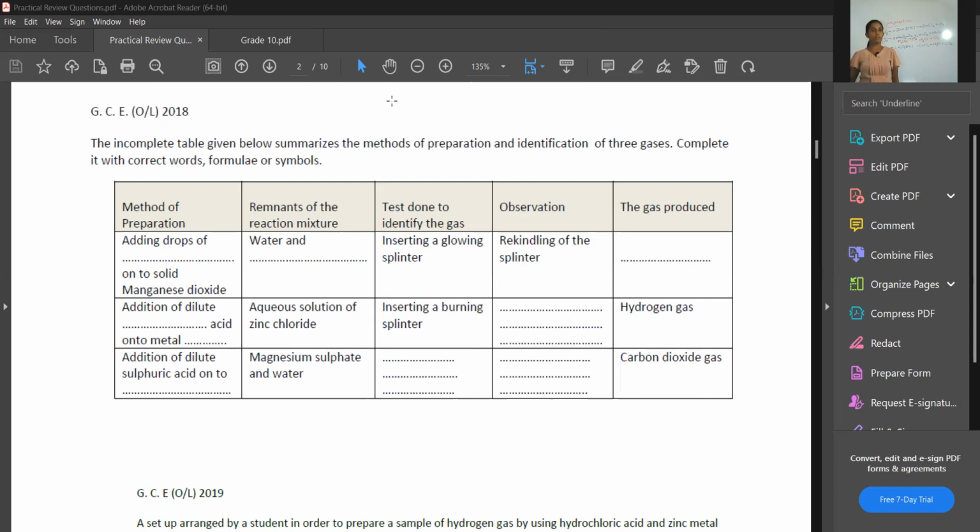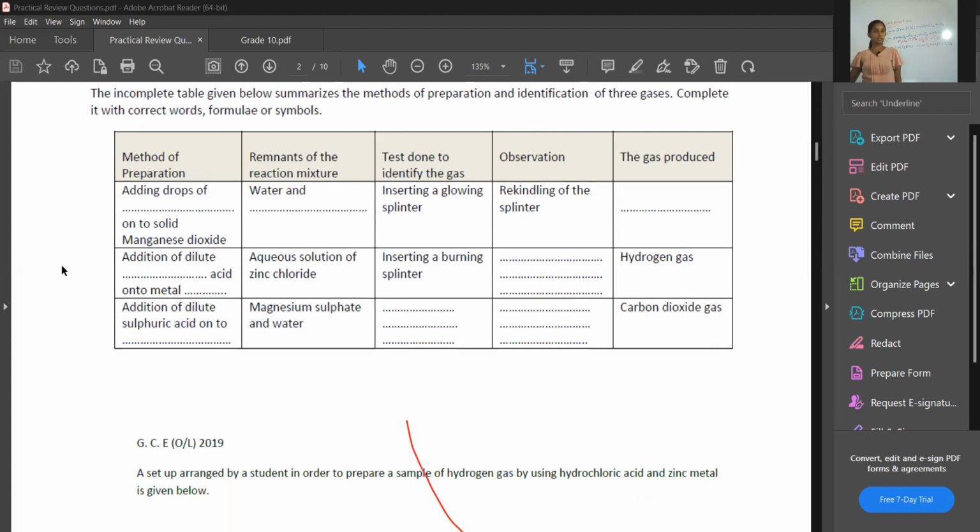Water remains there, and also manganese dioxide remains there, because manganese dioxide is a catalyst here. Catalysts participate in the reaction, but they remain the same in mass after the reaction. All they do is increase the rate of the reaction. So here the water and manganese dioxide remain.